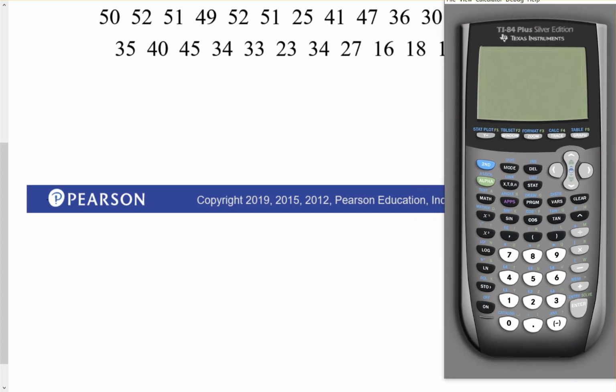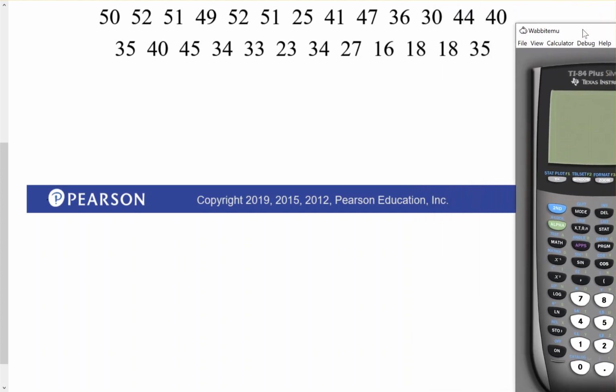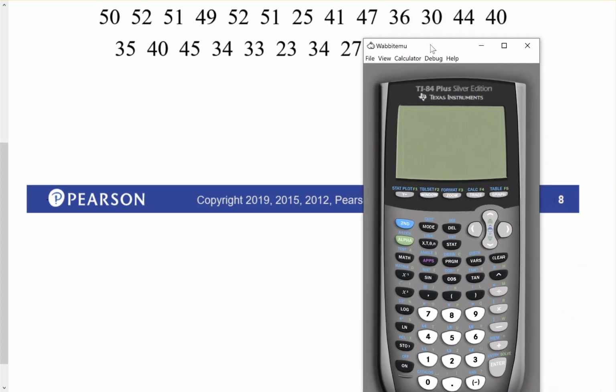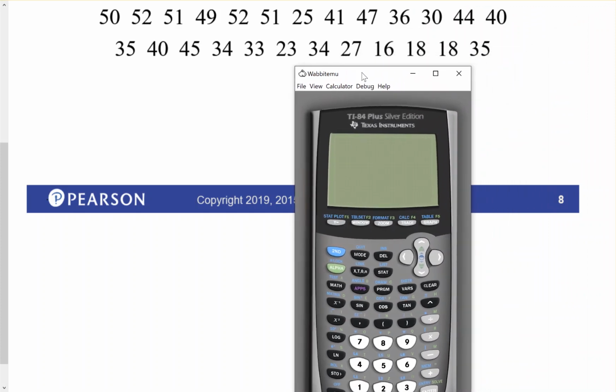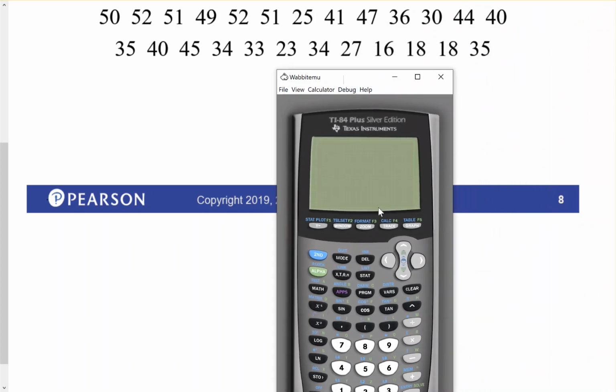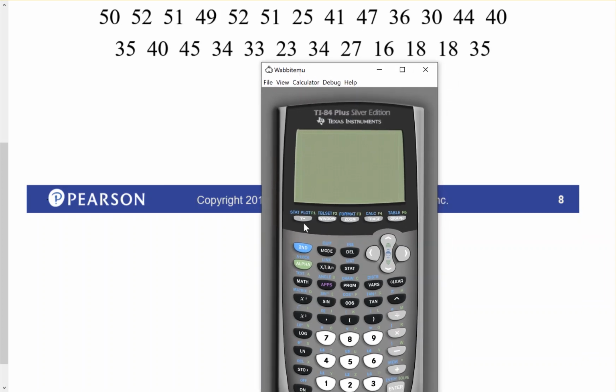Let's get the calculator up. We go into stat, under edit, go into L1. And now we would type in our numbers.